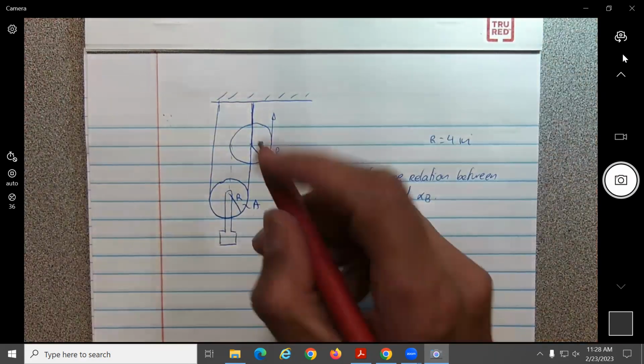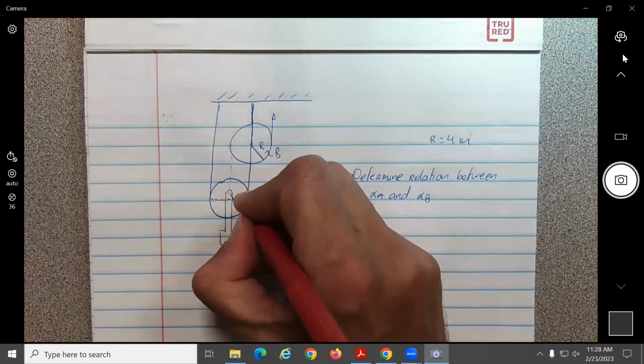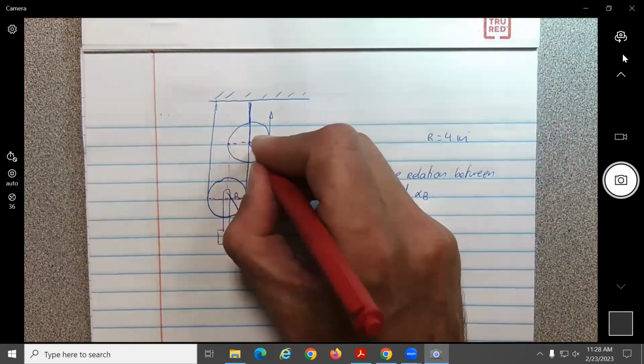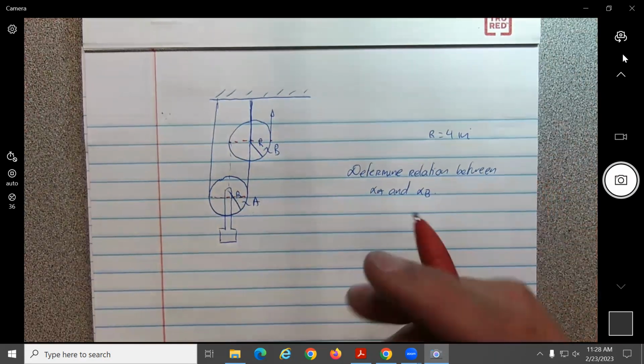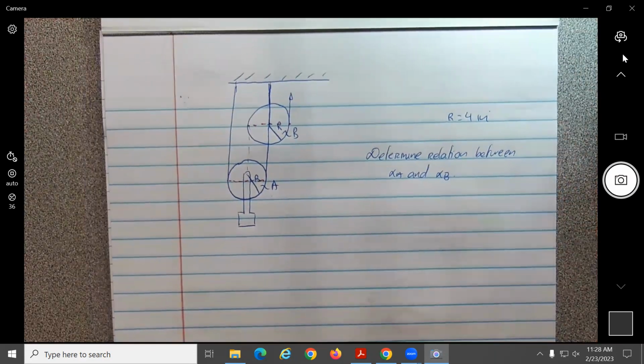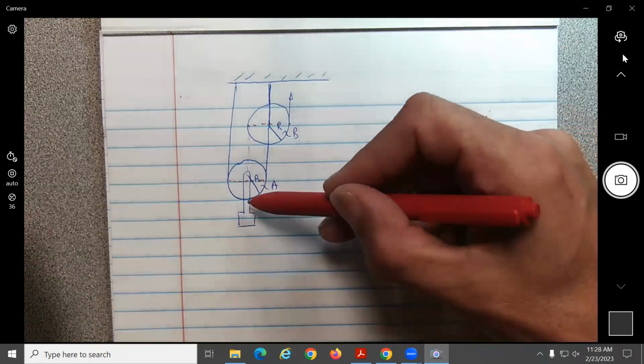So maybe that might become now a little issue since I use already A and B. So, all right, before we do that, in this figure, there is one instantaneous center. Can anyone tell me where it is located? The bottom of point A. Bottom of point A here.